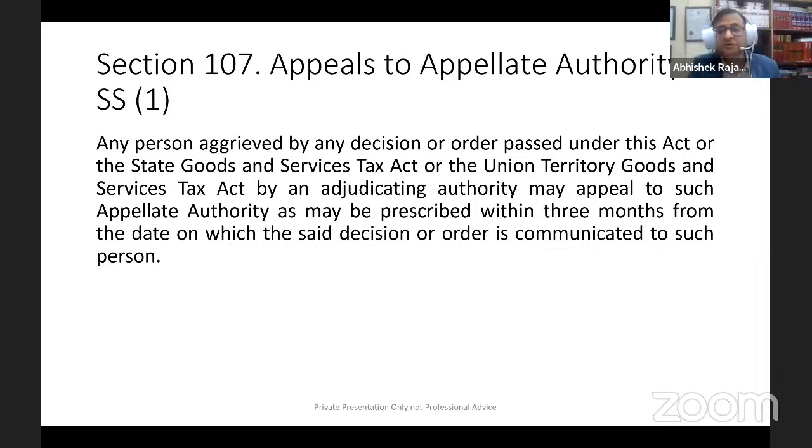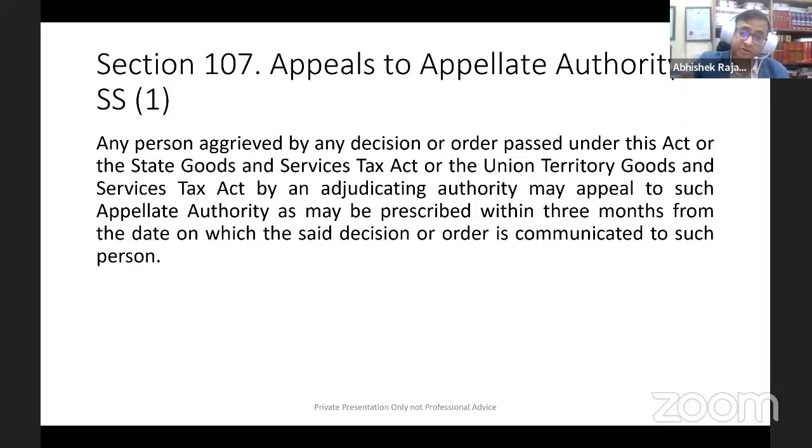There are few instances where personal hearing was not provided, and when the matter went to the higher courts, the court has said no, such an order cannot be passed. In section 75 it has been said that whenever you request, or the officer is going to pass an adverse order, we have to read this separately. If you are requesting, then they have to provide.